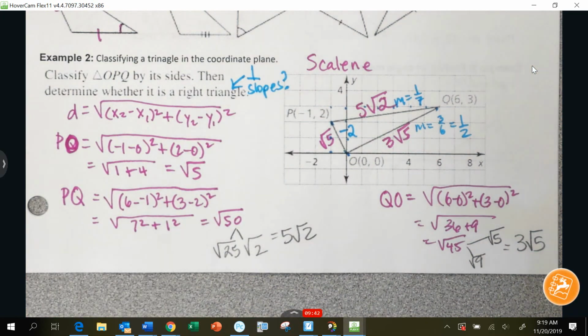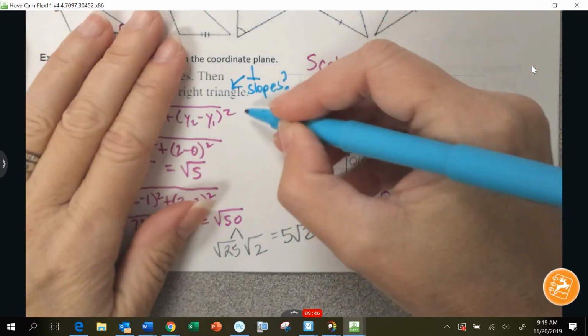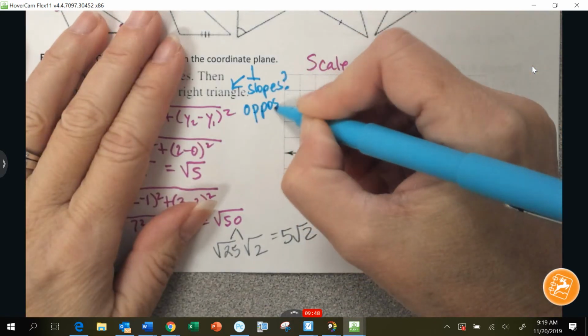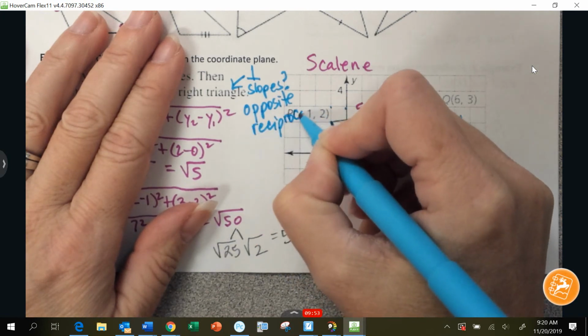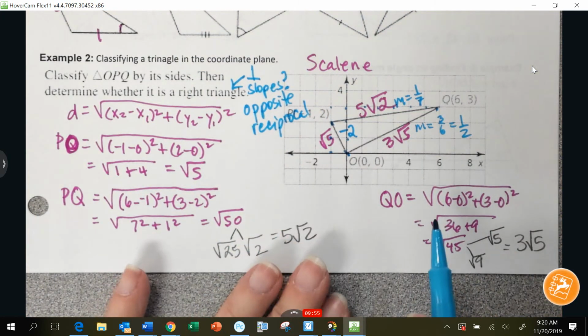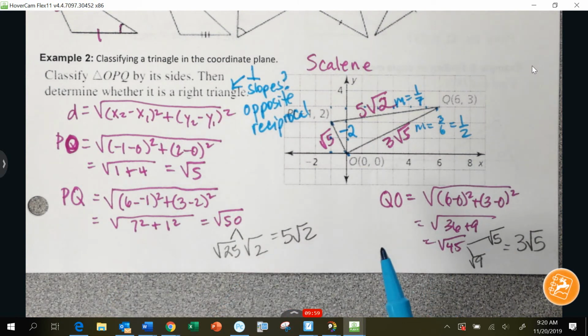What do I know about perpendicular slopes? Lynn? They're opposite reciprocal. Opposite and reciprocal. Do we have any slopes that are the opposite, meaning plus minus, and reciprocals?